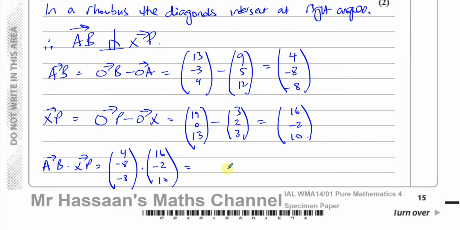So you have 4 times 16, which is 64, plus minus 8 times minus 2, which is plus 16, and plus minus 8 times 10, which is minus 80. So you have 64 plus 16, which is 80, minus 80, which is 0.